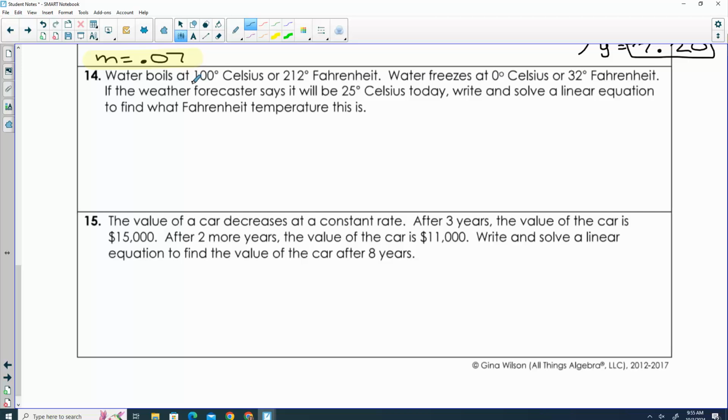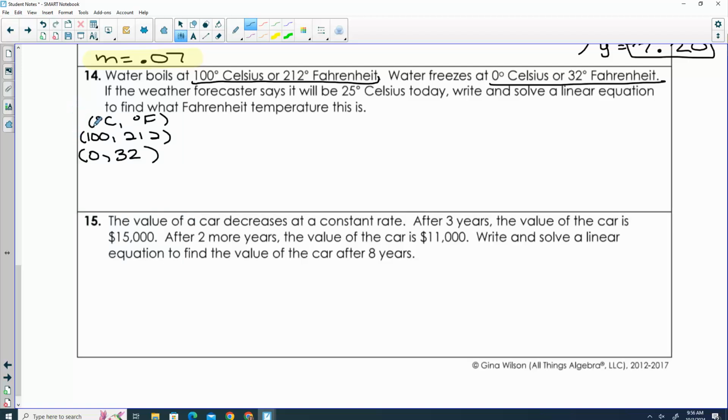Okay, these things happen at the same time. Water boils at 100 and 212. My 100 is degrees Celsius, 212 is degrees Fahrenheit. So in my ordered pairs, I'm putting Celsius as my x, Fahrenheit as my y. Second thing I'm telling you about is when it freezes. So if I write my ordered pair, the Celsius was 0, the Fahrenheit is 32.